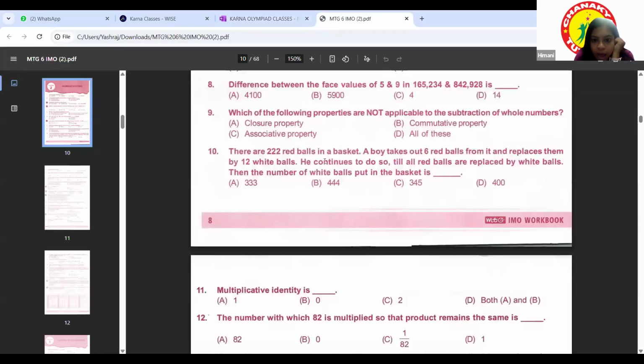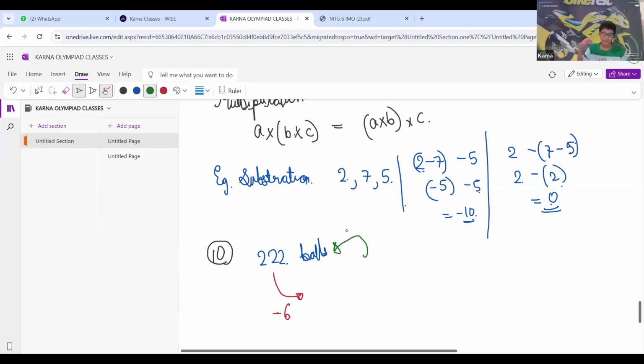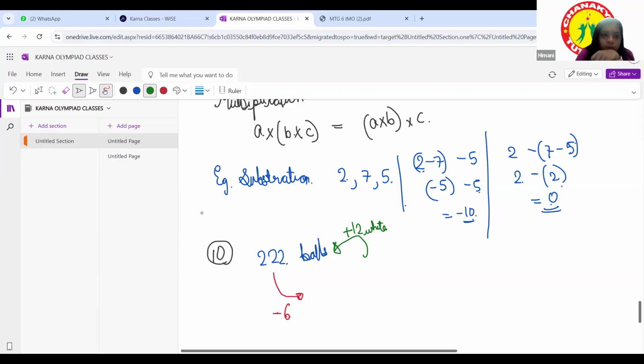Now they take out 6 red balls and keep 12 white balls.